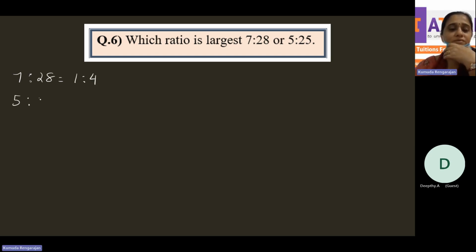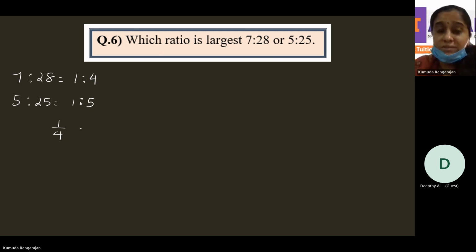And what about 5:25? 1:5. Now the question is which is largest? So what are the two ratios you have? 1/4 and 1/5, right? Ma'am, 1:5 is bigger. Which is bigger? Ma'am, 1:5.